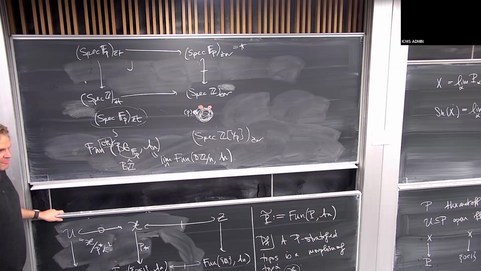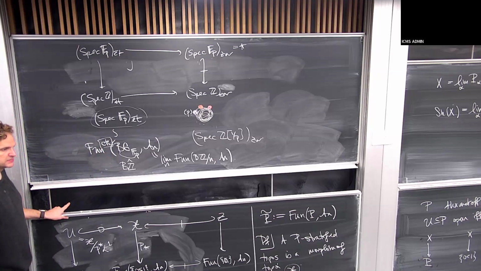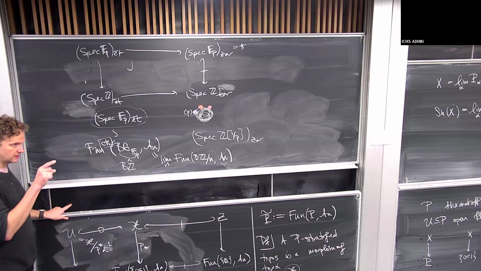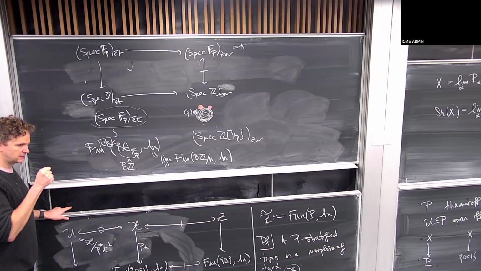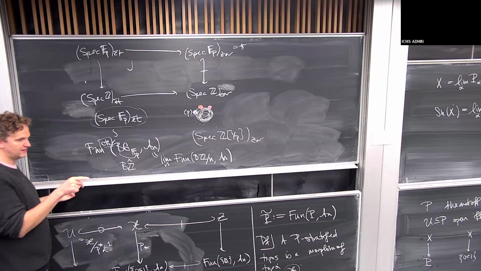Could I ask a question about this continuous business? First, this limit is a colimit, I guess, is that it? This limit is a limit. It's a limit along the maps from Z hat to Z mod n. So that's right, it's the limit of the Z mod n.